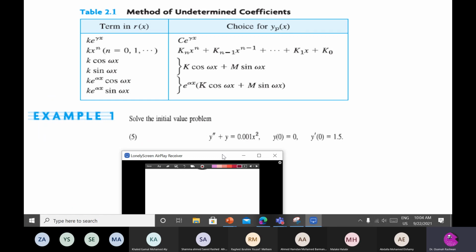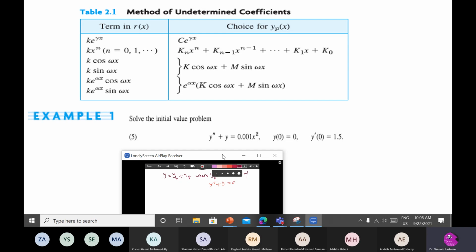So the solution y equals YH plus YP, where YH is the solution of y double dash plus y equal to 0.